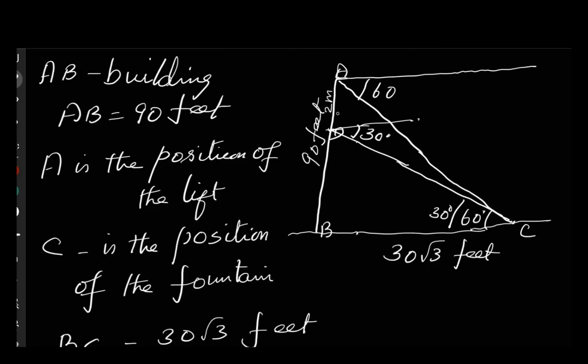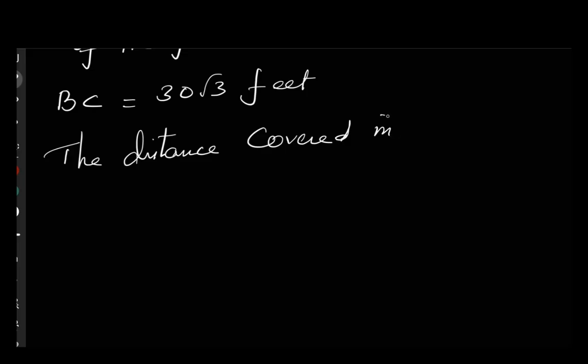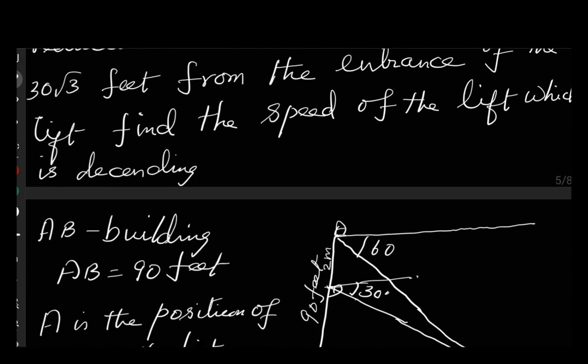One more point: the distance covered in 2 minutes is AD. So you have to find what AD is. If you find AD, you can find the speed of the lift.